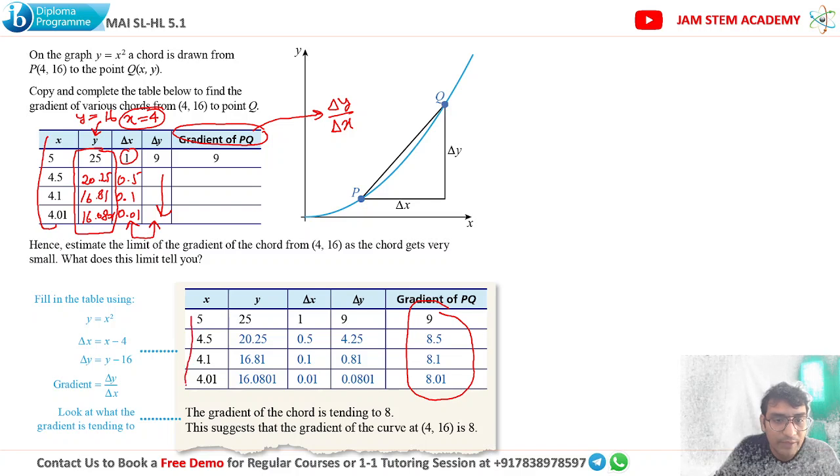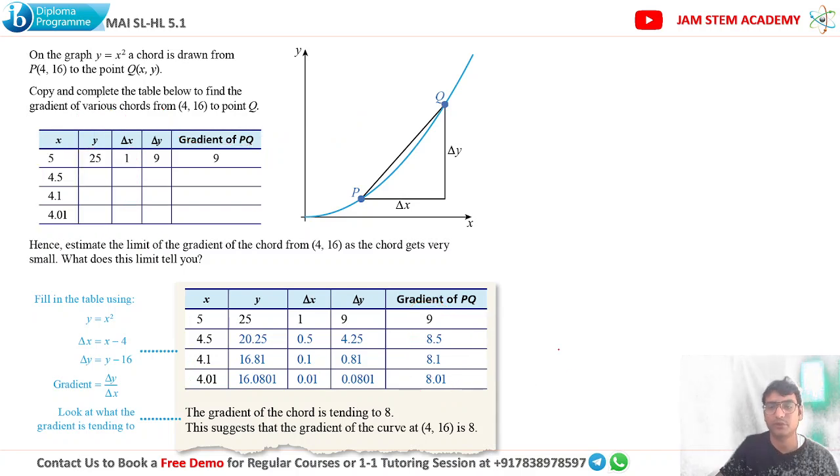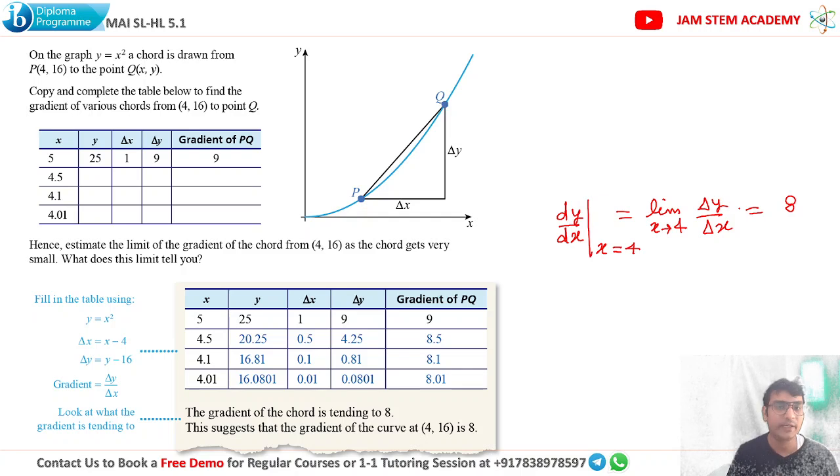As you can see, when my x value is approaching 4, the gradient is approaching 8, and that's the answer. So I can say dy over dx when x equals 4, which is also our limiting value, right? We can say that as x approaches 4, delta y over delta x comes out as 8, which is the gradient of the chord, or basically the tangent line in this case.